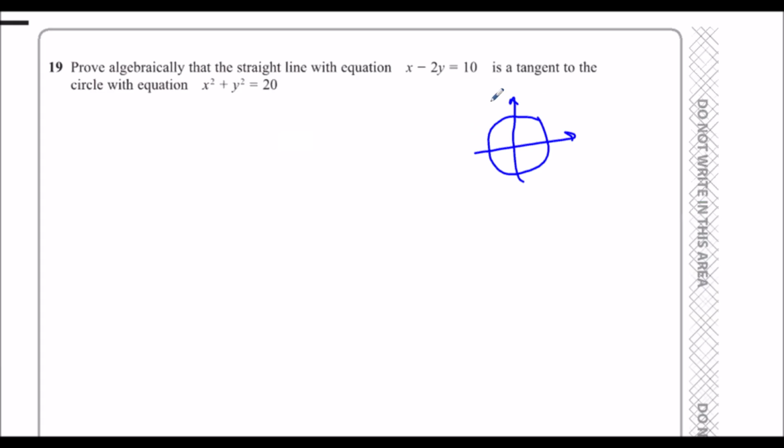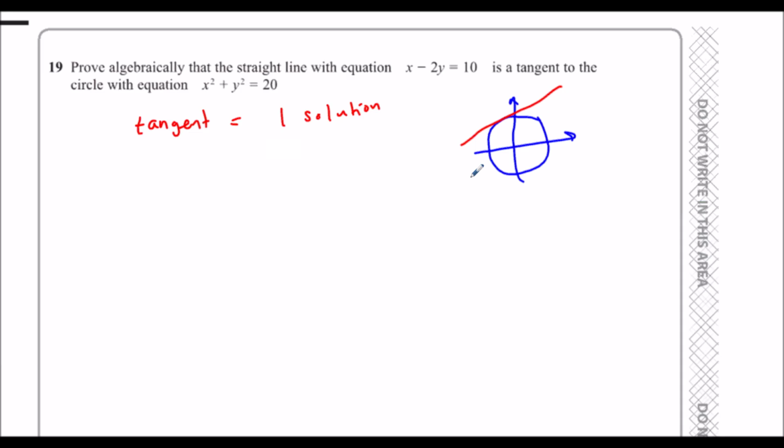If it's a tangent, that means it just touches the circle once. So the simultaneous equations will have one solution.